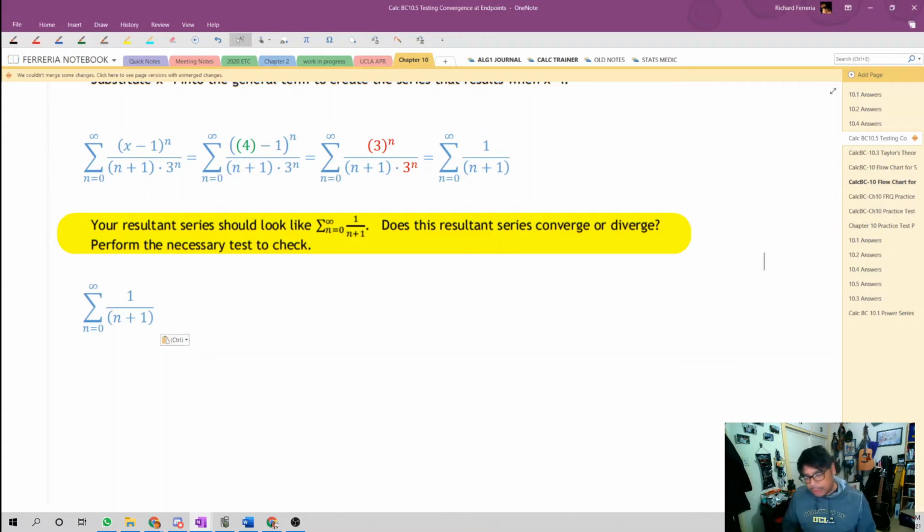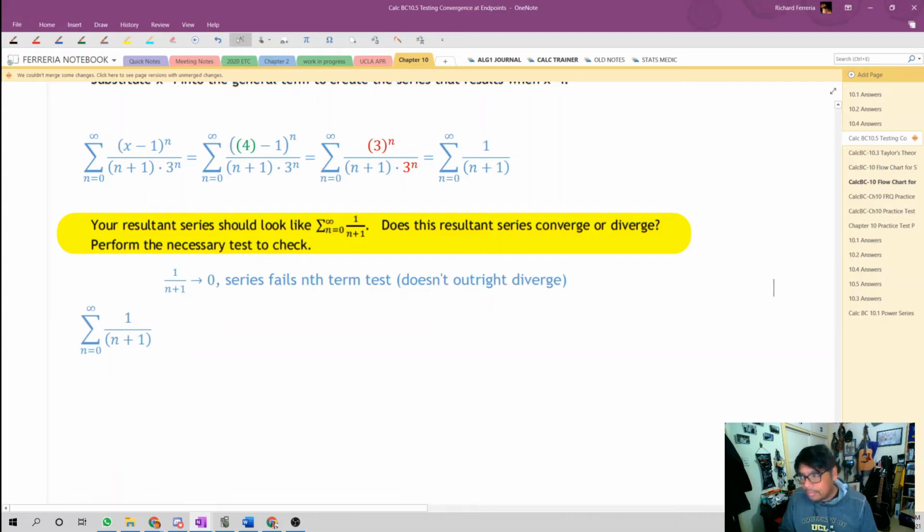Maybe the first thing I should have said was the general term 1 over n plus 1 trends towards 0. The limit is 0. So the series fails the nth term test, which just means that it doesn't outright diverge. We can't just stop with the nth term test. So we've got to keep testing.